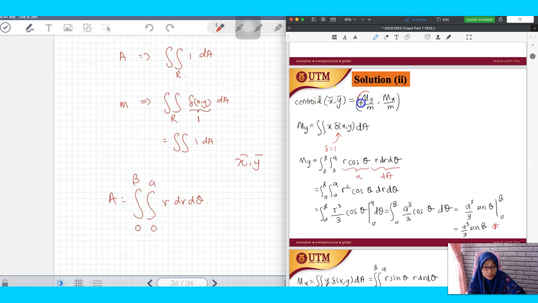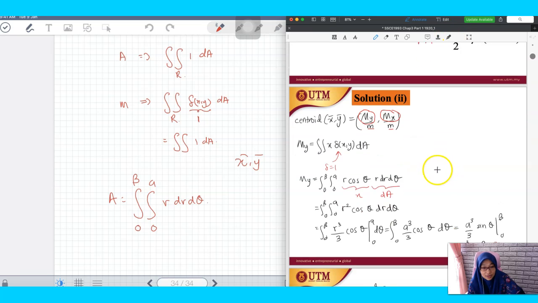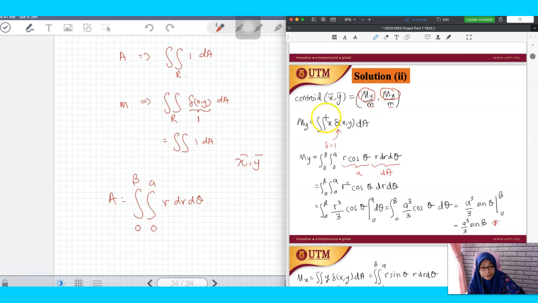So you need to compute the moment of mass, with respect to y and with respect to x, because we already obtained the mass from the area up here. So this is already done. Now first find the moment of mass with respect to y.